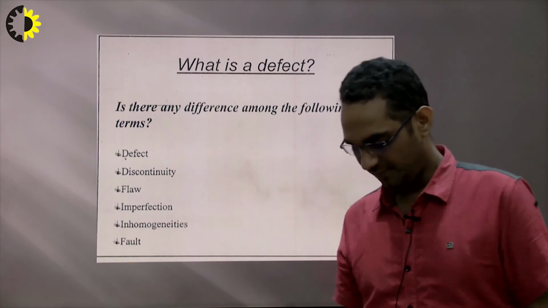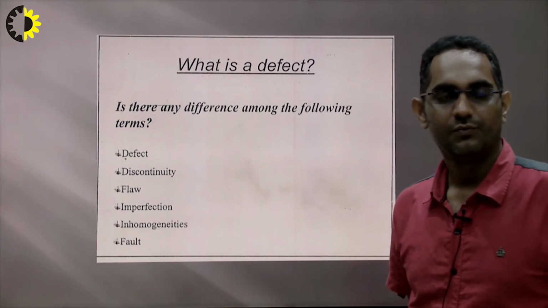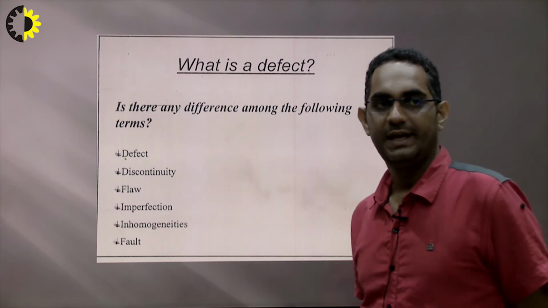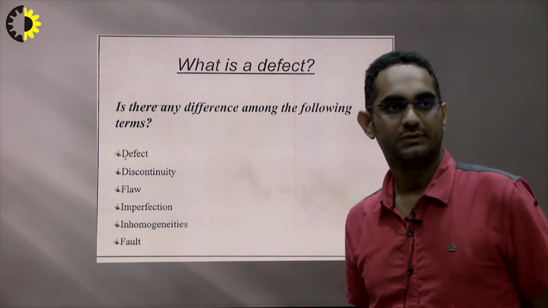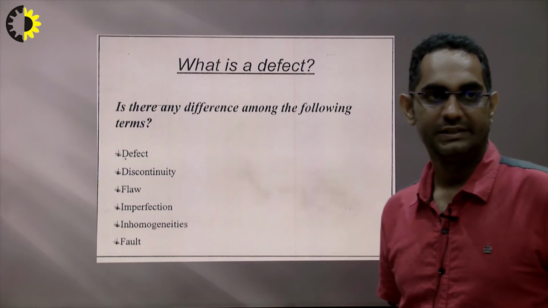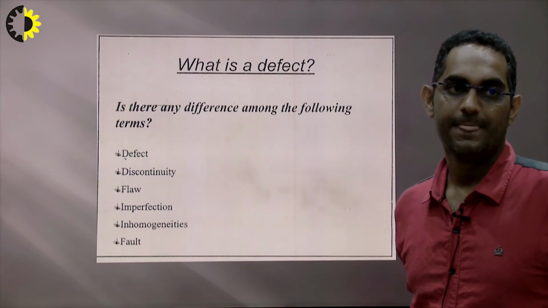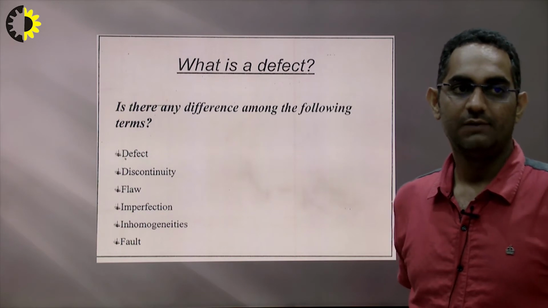Now what is a defect? Now we will observe what a defect is. Is there any difference among the following terms: defect, discontinuity, flaw, imperfection, inhomogeneities and fault?